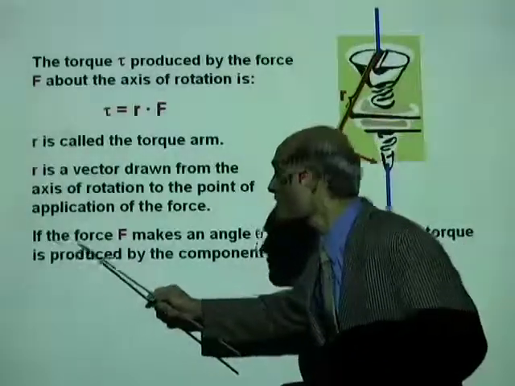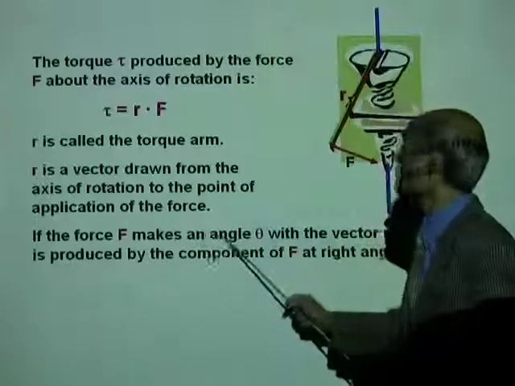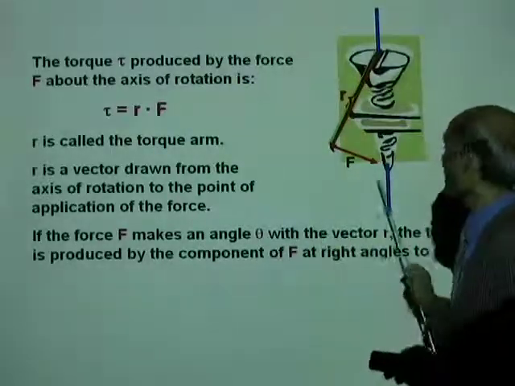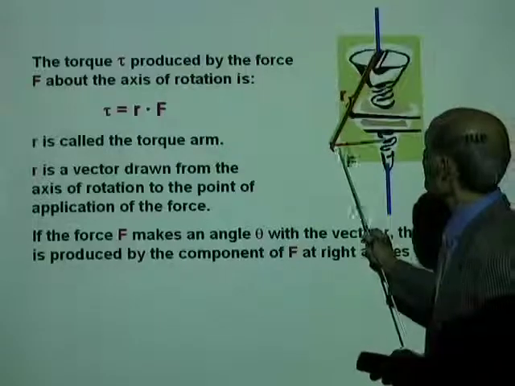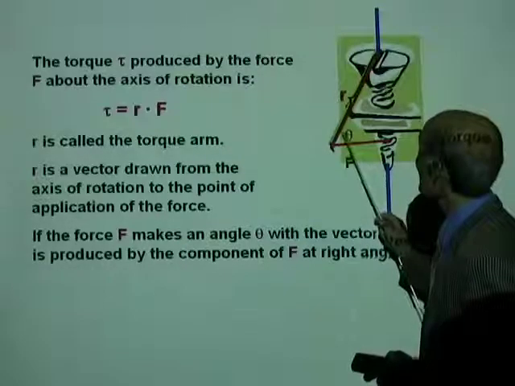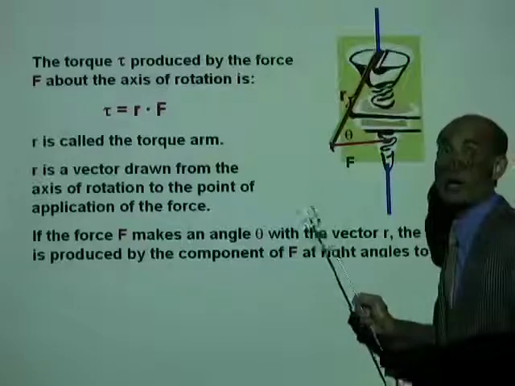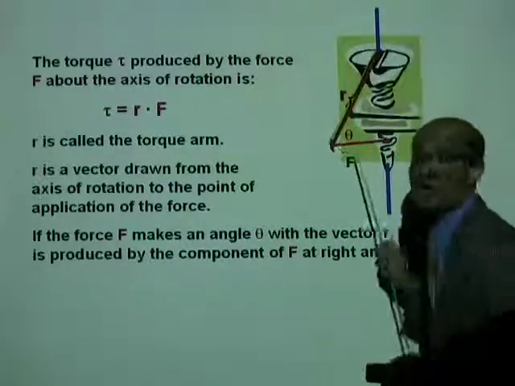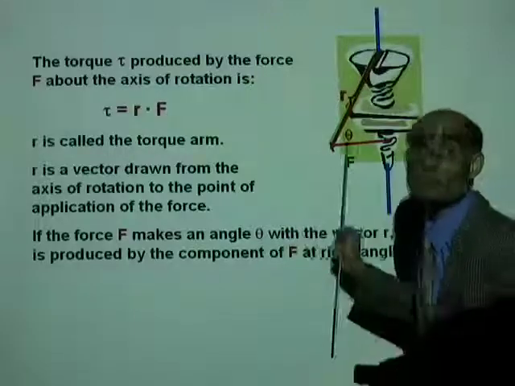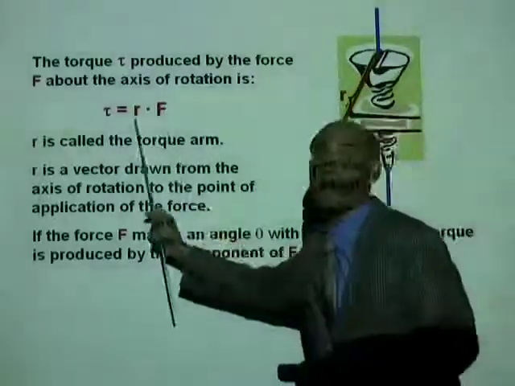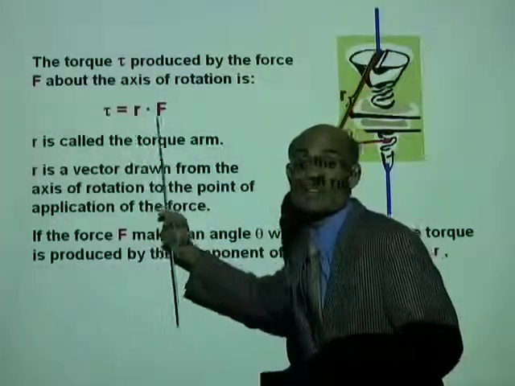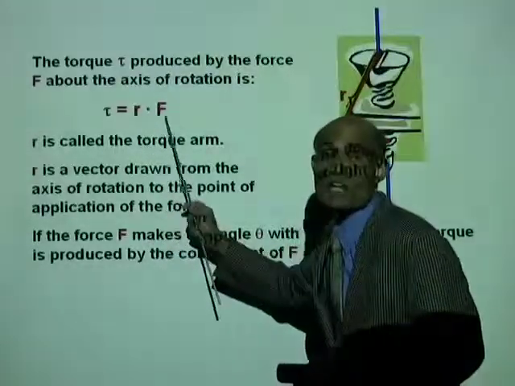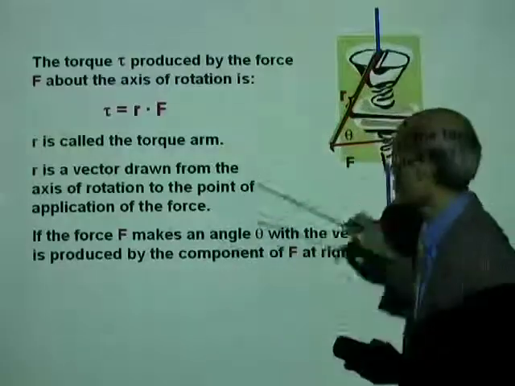What happens if the force F makes an angle theta with the vector r? Now, if this force makes an angle theta with the vector r, then you can see this r is no longer perpendicular to the force. In order that this definition may be true, r and F have to be at right angles.